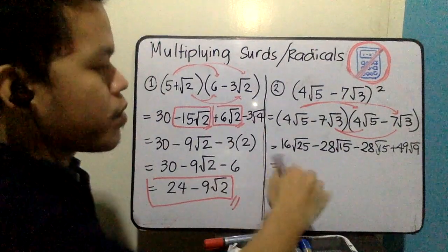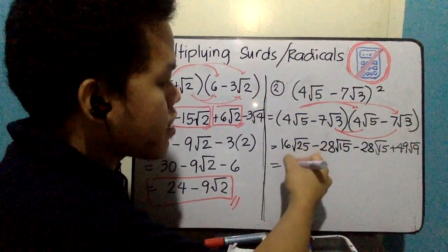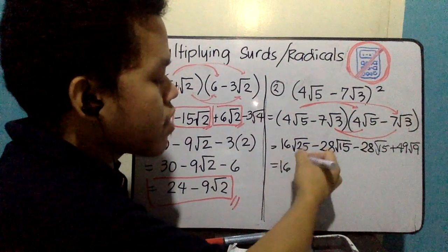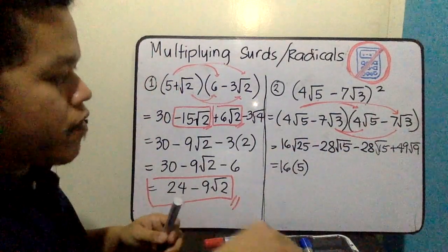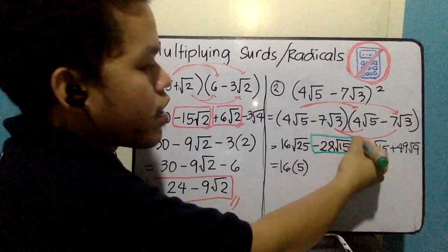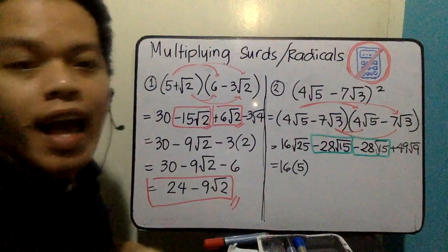So that is equal to, we can simplify each term first. Okay, so 16 and 25. 25 is a perfect square, so that means 16. And the square root of 25 is 5. Now, as you have noticed, we have similar terms, negative 28 and negative 28 square root of 15. So you can actually combine them.